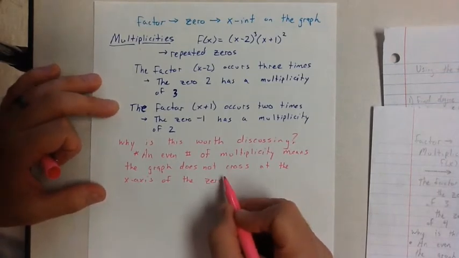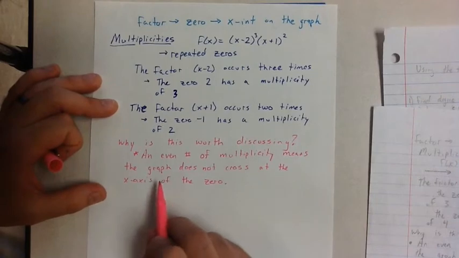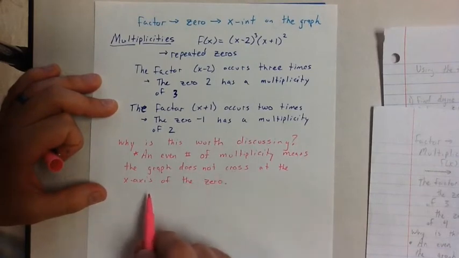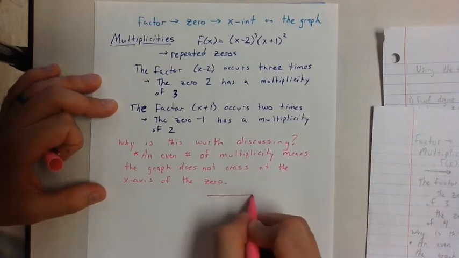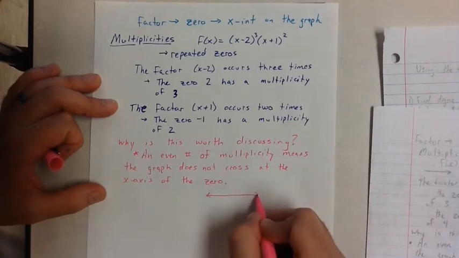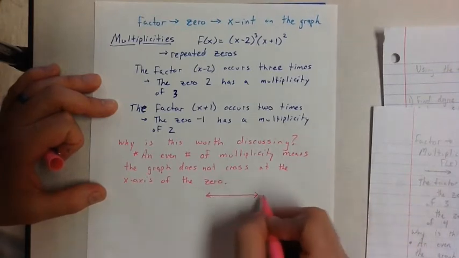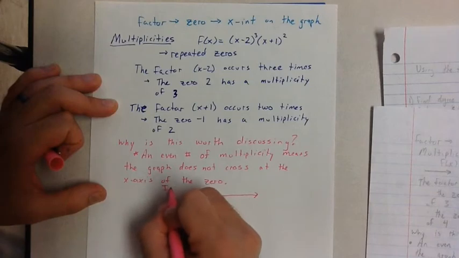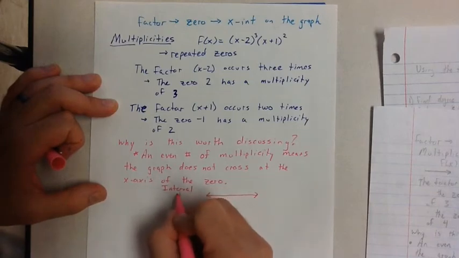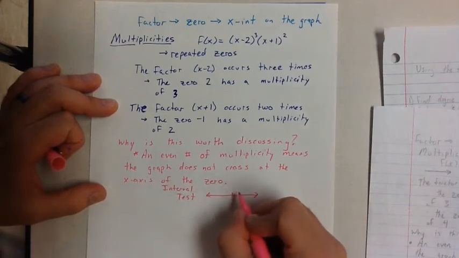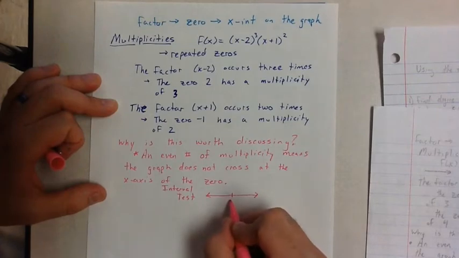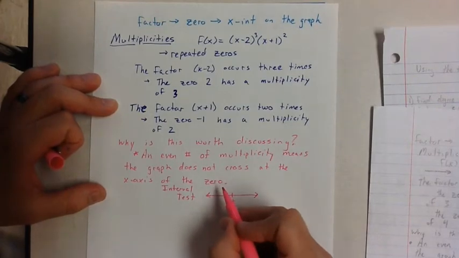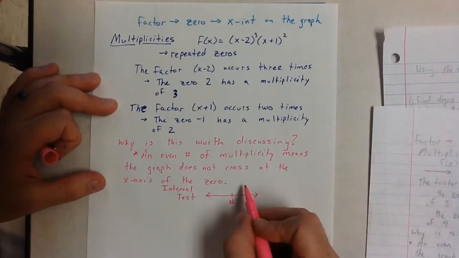We've seen this before, how something does not cross the x-axis. We've seen this on our interval test. If you think back to our first chapter, chapter P, we did this interval test. And many of you wanted to assume that at a number, we were always going to go from positive to negative, or negative to positive.